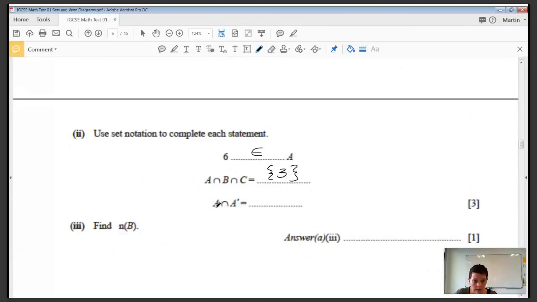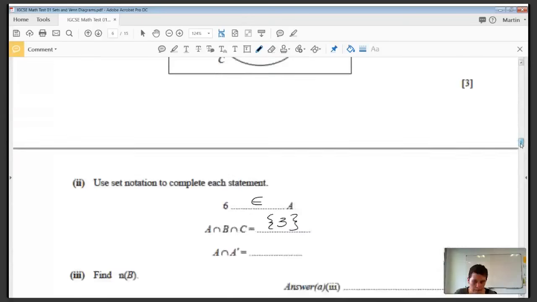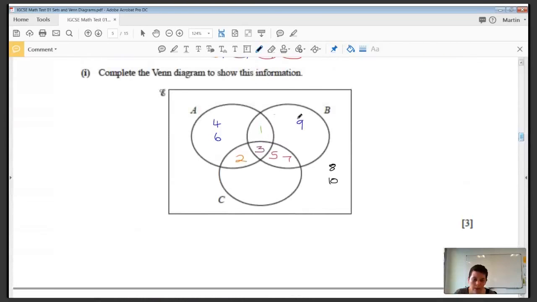Now they say, what is in the set of A intersected with not in A? That's a bit odd, hey? If we look at A, we have all these numbers. If we look at not in A, the complement of A, we're looking everywhere outside of A. Well, there's no intersection between those two.